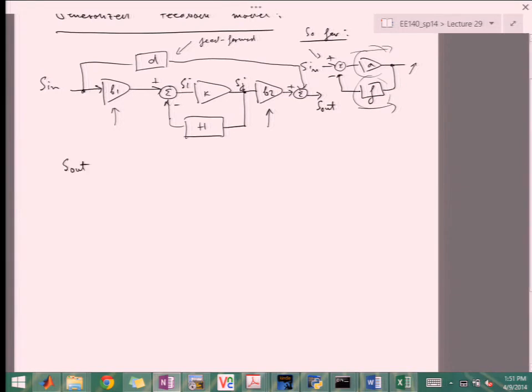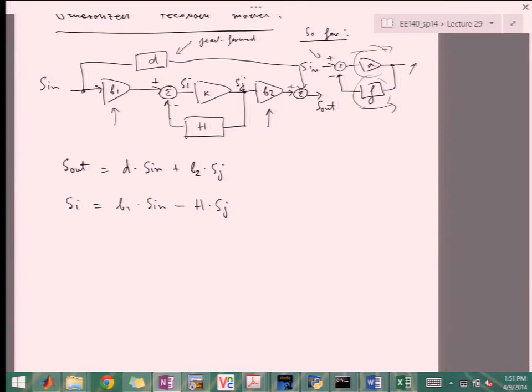If we write out what Sout is, that will be D times Sin, which is this feed-forward component, plus B2 times Sj, which is just this Sj coming to the output. And Si will be equal to B1 times Sin, minus H times Sj, which is really the feedback.